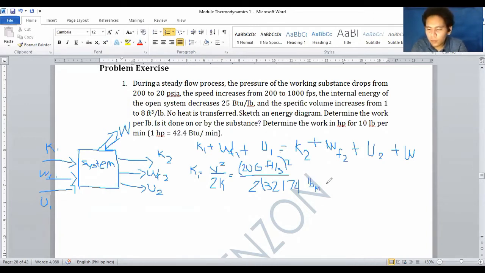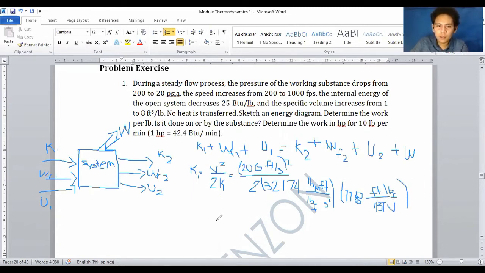K is 32.174 pound mass feet per pound force second squared, times the conversion factor 778 feet pound force per BTU, to have BTU per pound unit.